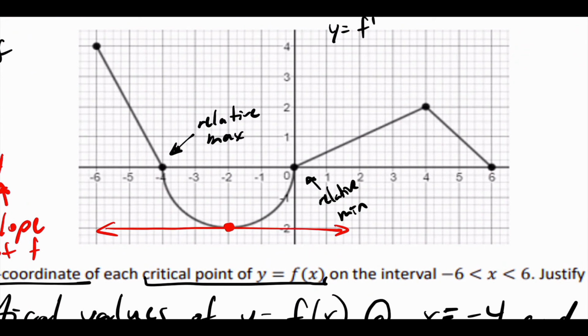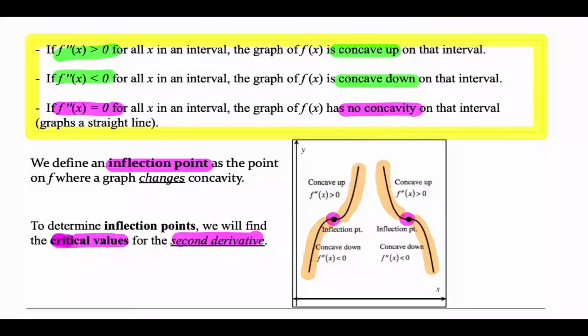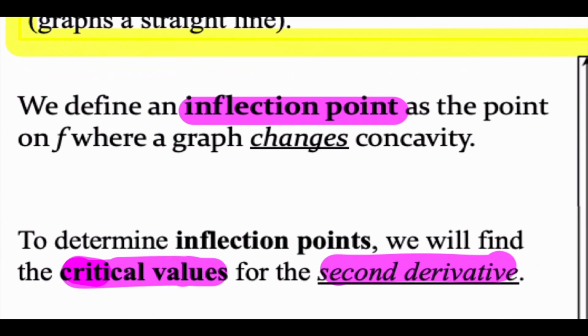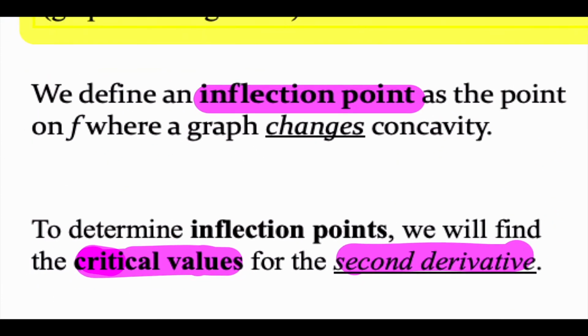That's f prime. So I want to say the same exact thing, except I don't want to use f because I don't have f. I want to use f prime.